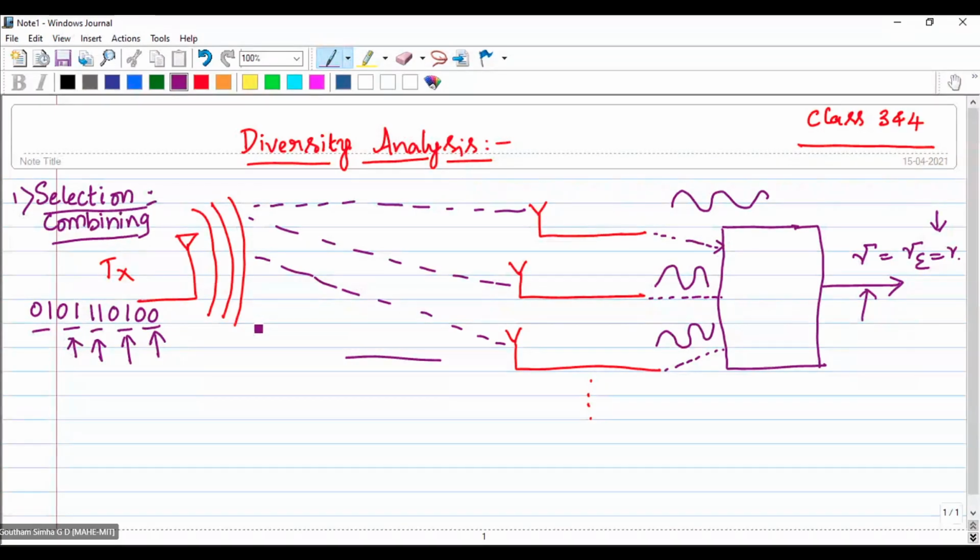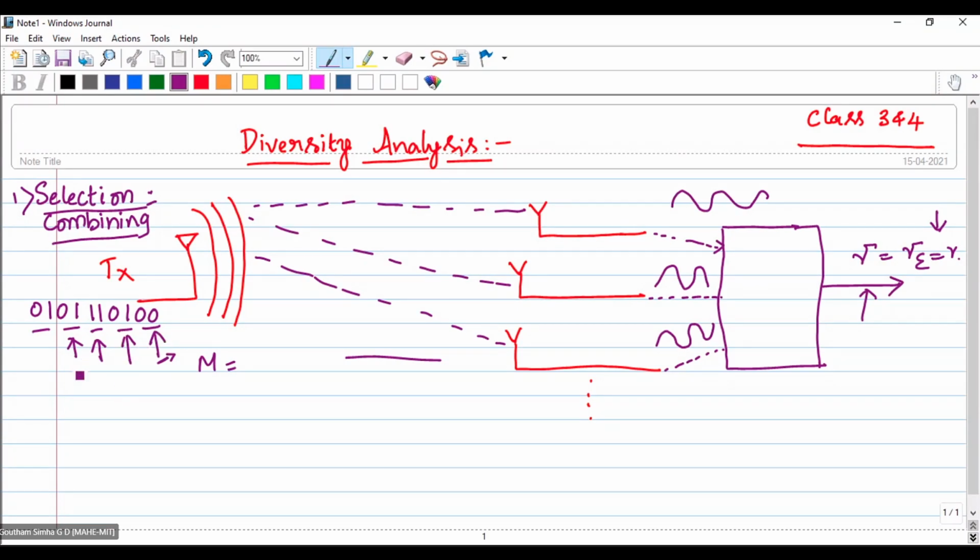Now, the important aspect is that if you are using a particular constellation from M, let's say QPSK, 00 will be a complex point and it will be radiated as a complex vector over the air. Similarly, 01 is another constellation point, 11 is another constellation point, and so forth. Now you are transmitting a symbol and receiving a symbol.